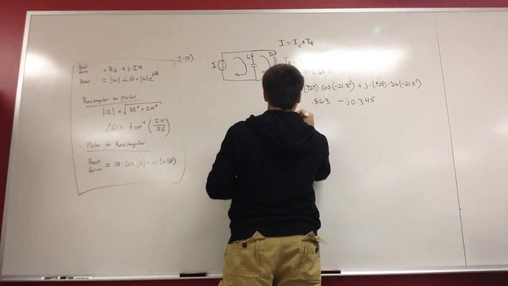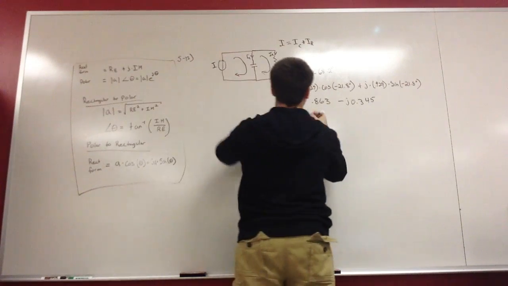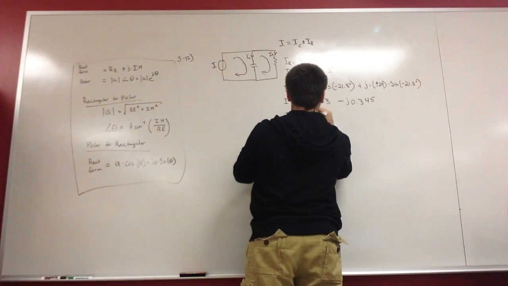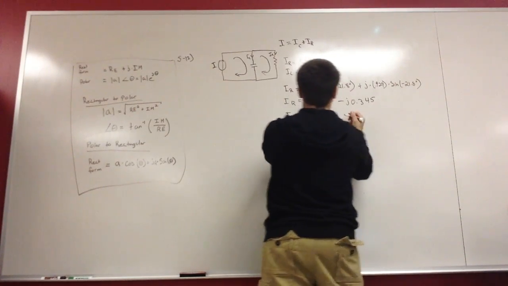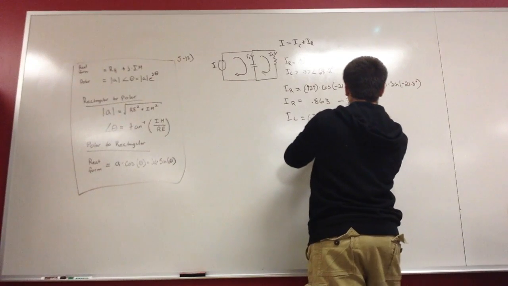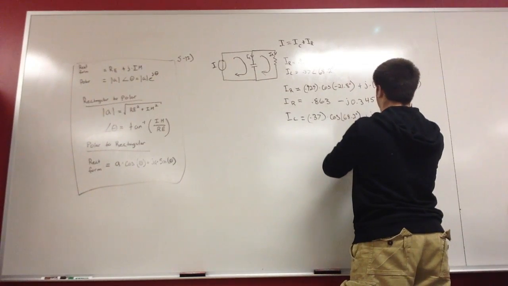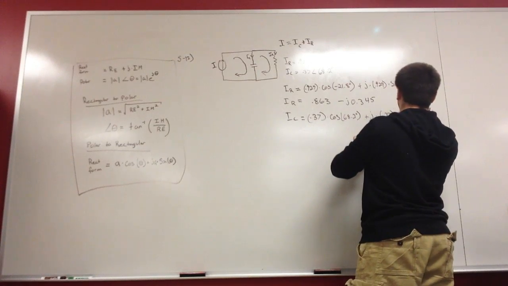Now we'll do the same for the current across the capacitor, the I sub C component. 0.37 times the cosine of 68.2 degrees plus J times 0.37 times the sine of 68.2 degrees.